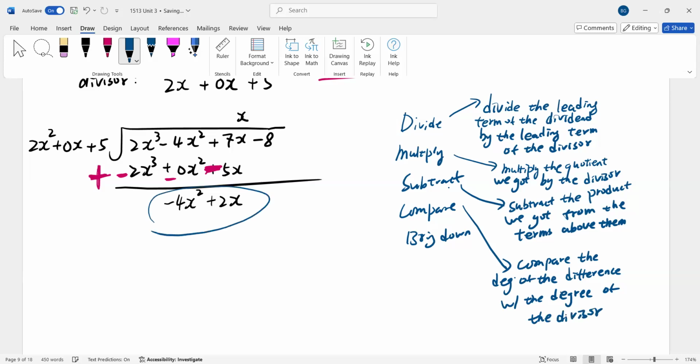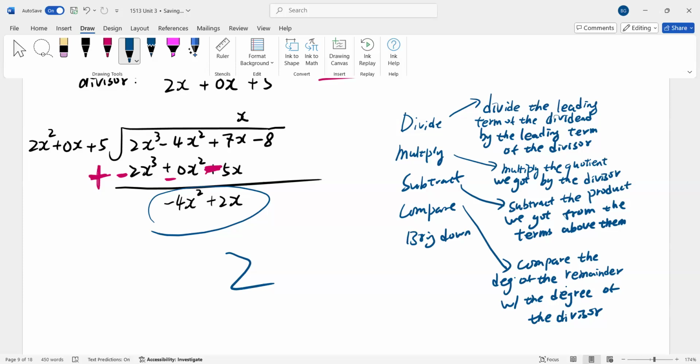So this is the remainder. Okay, I can write the remainder here. This is the remainder in the first round, okay? Degree is 2, right? And the degree of the divisor is 2 as well. And we have to continue.